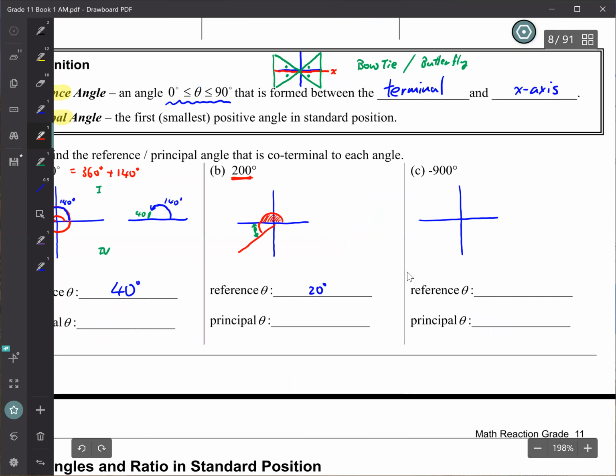All right, question C. If you finish question C, you can raise your hand. Remember, this time it is turning in the negative direction, okay?